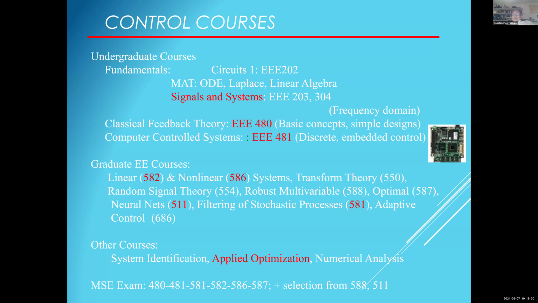Then at the senior level, 480 and 481. 480 is classical control, dealing with specifications, how we design controllers in a classical sense. Classical sense means frequency domain techniques and using simple calculations of phase margin, gain margin, so some of these traditional concepts.